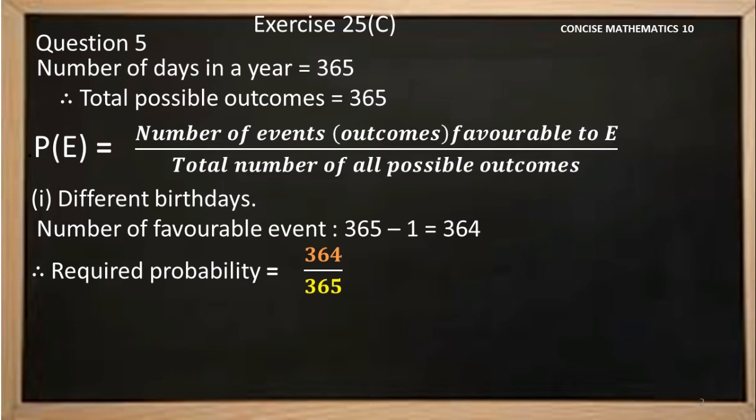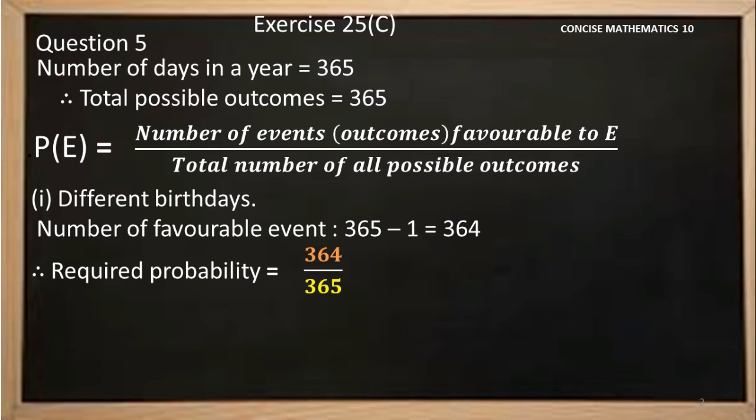Now B's birthday will be on any one of the remaining 364 days, and he cannot take it from 365. Why? Because it is said that they both are going to have birthdays on different days. If B selects a birthday from 365 and it is the same, then the condition will not be fulfilled.